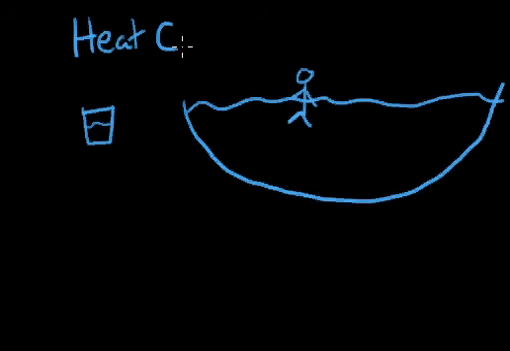The amount of heat that is required to raise the temperature of the substance by 1 degree Celsius. So to raise this glass of water 1 degree Celsius is the glass of water's heat capacity, and the energy needed to raise the temperature of the entire lake by 1 degree is the lake's heat capacity. And so obviously the lake has a much greater capacity to absorb heat than the glass of water does.